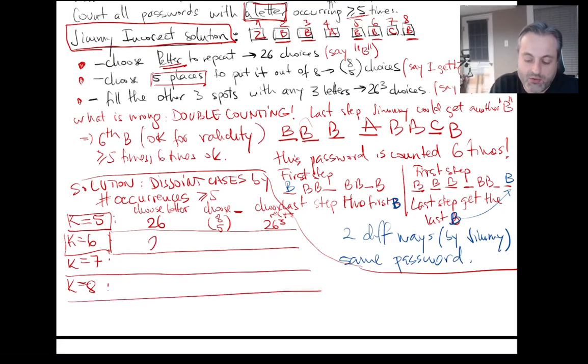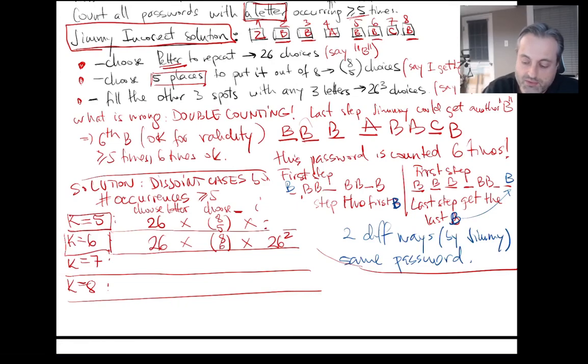In here I also have 26 options for the letter. I can choose 6 positions, so this is, of course, times, and I only have 2 spots left. Sorry, that's 25. Let me see, this is a mistake here. Let me make it more clear.